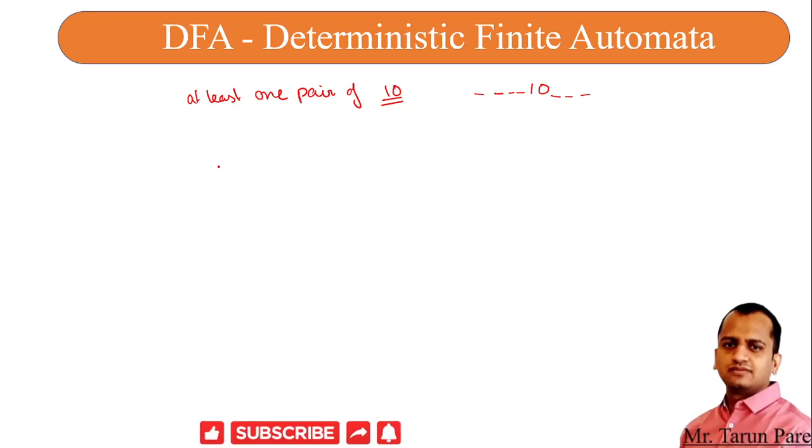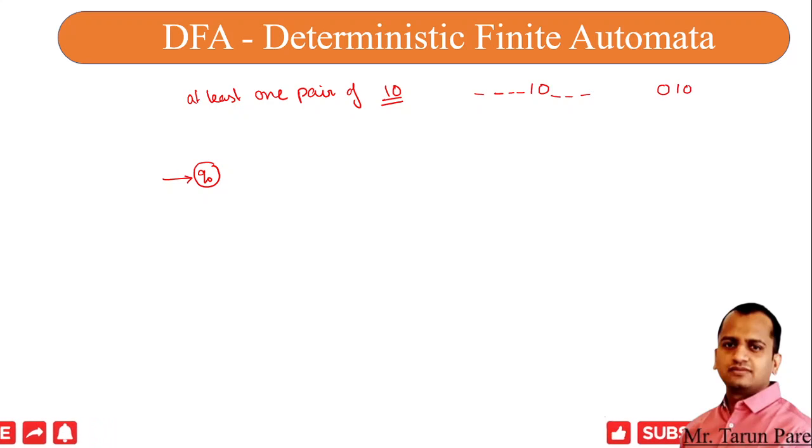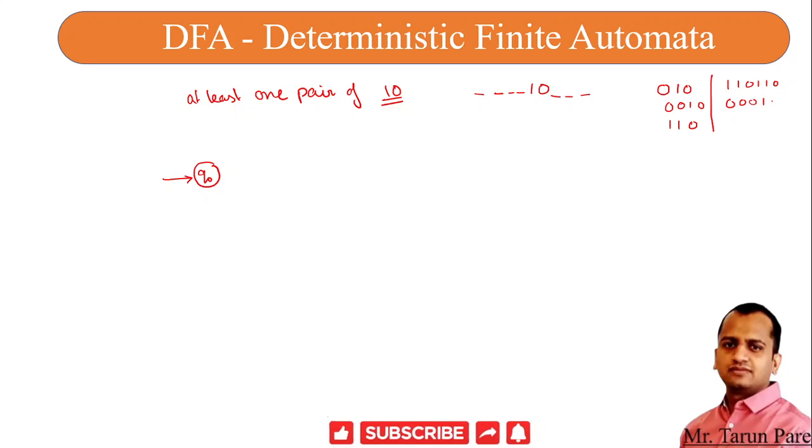So how will you prepare it? See, there is an initial state q naught. From here you will give the input. Suppose the string will be like 0 1 0, or 0 0 1 0, or 1 1 0, or a string like 1 1 0 1 1 0, and 0 0 0 1 0, 0 1 1 1 0.